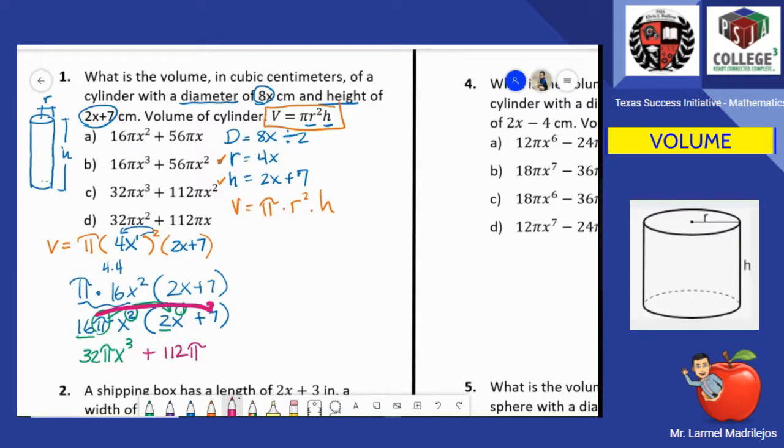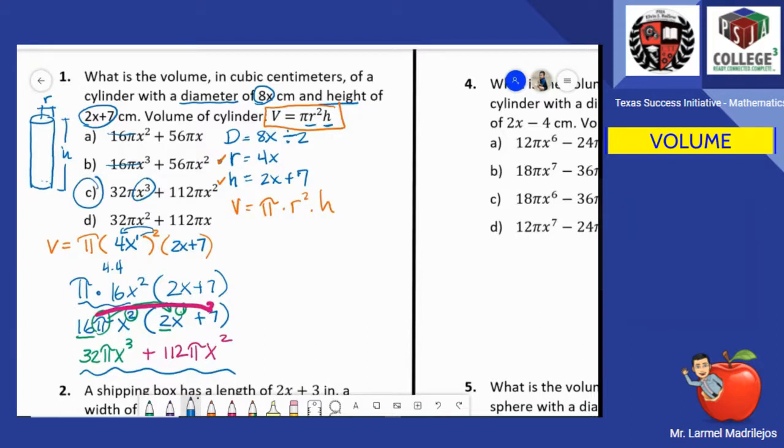And I don't have any variable multiplying here, so I just copy x squared. So my final answer is this. Looks like this matches. Of course, it's not 16, so between the two, this is cube and this is square. So the answer is letter C. Okay, that's the answer.